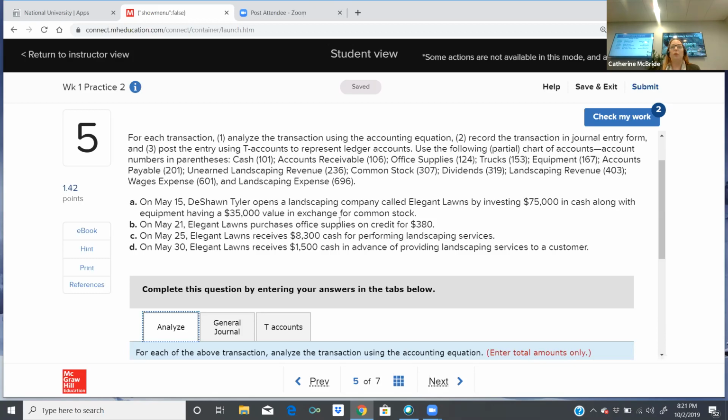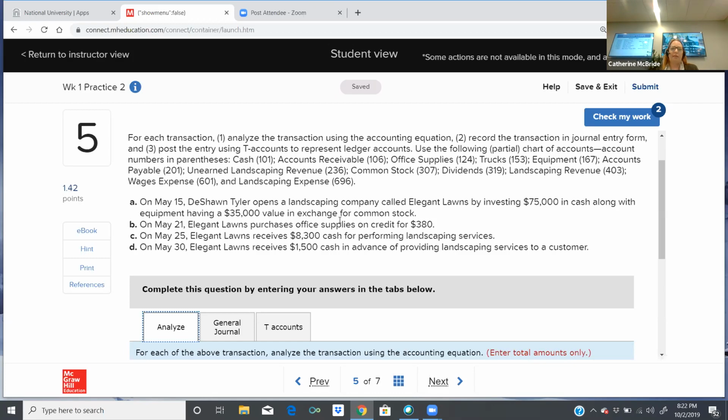We either owe the service that they want us to perform, or they're going to want their money back. So we owe something. So unearned revenue is a liability. All right, so we have cash and unearned revenue. Cash increased and unearned revenue increased. What type of account is cash? It's an asset. What type of account is unearned revenue? It's a liability.